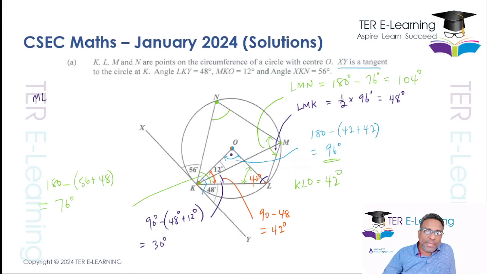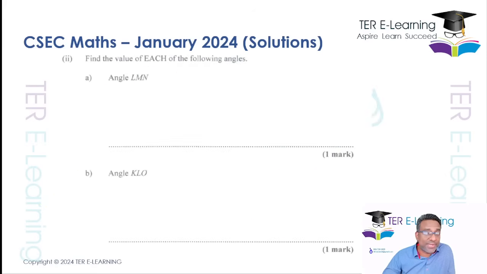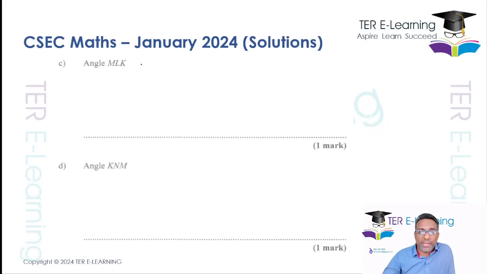So MLK is going to be 180 degrees, that's the whole triangle, minus the 30 degrees plus the 48. So this here is 102 degrees. So that's MLK. This is the first time they've asked a question where we had to find so many angles.